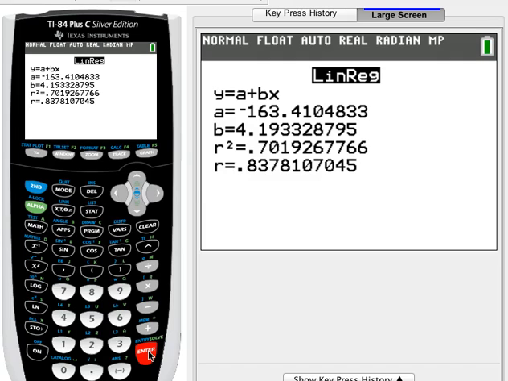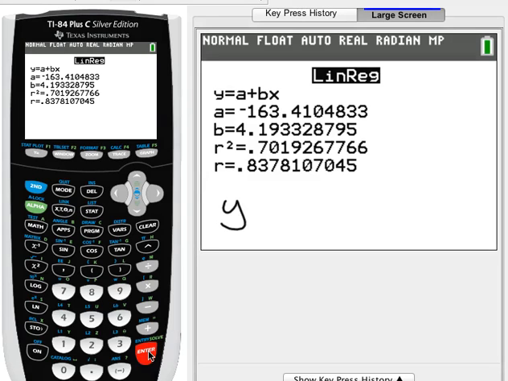Now, when it wants me to write my regression line, y hat equals A. This time, A is the number by itself, okay? You always look right here to show you the structure of the line that you're making.